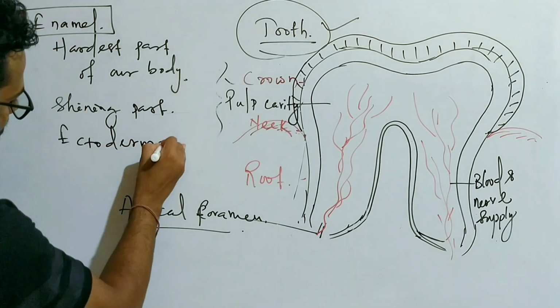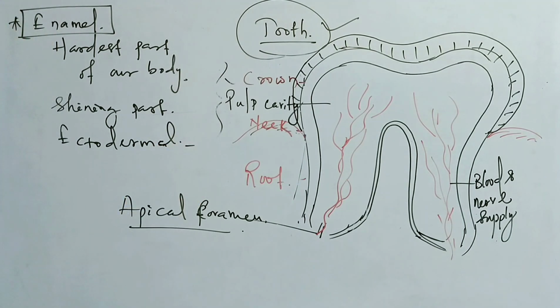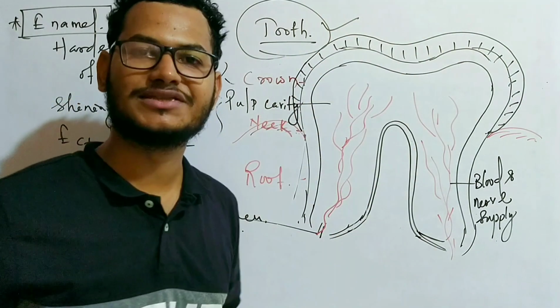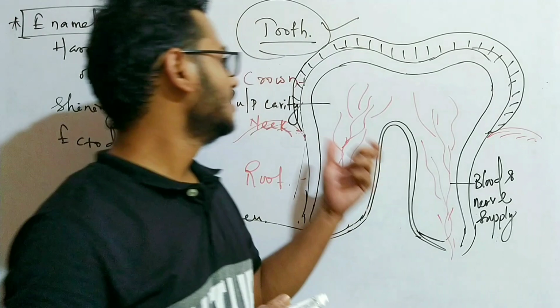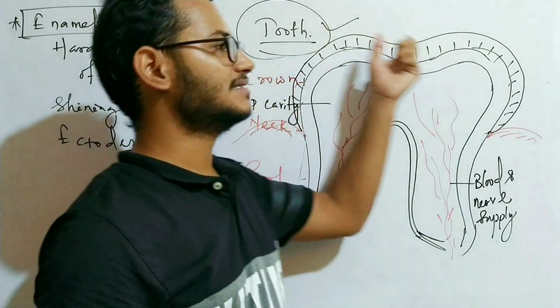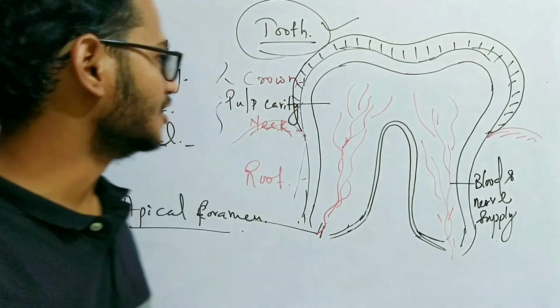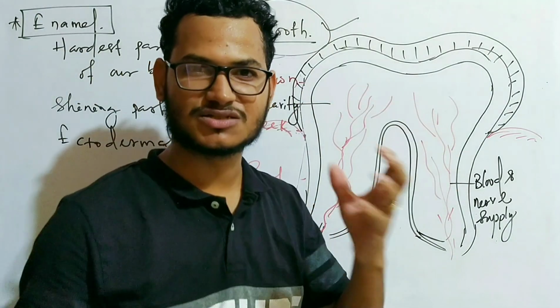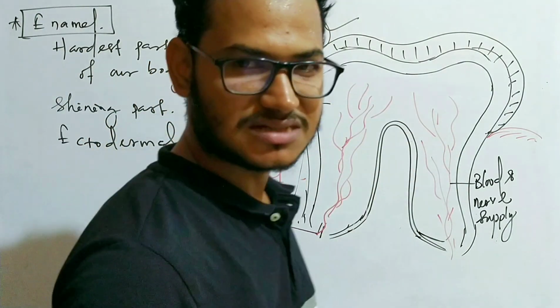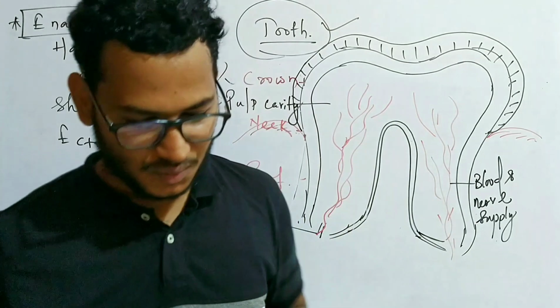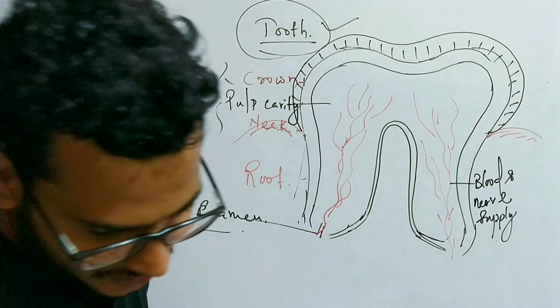Ectodermal in origin. So enamel is ectodermal in origin, and it is not present throughout the structure of the tooth, but it is only present on the crown region to make it shining and glossy. So our tooth looks very good and white due to the presence of enamel.